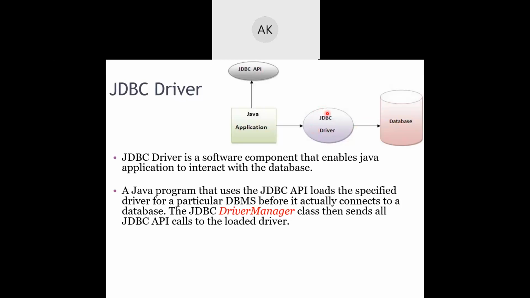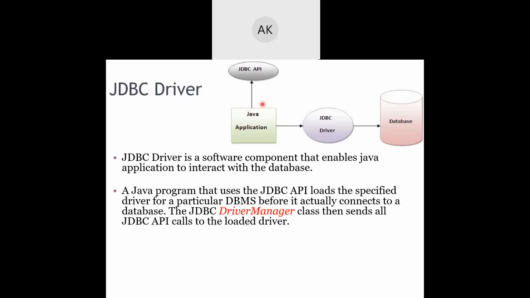So this JDBC driver is the main file which acts like a translator between our Java application and the corresponding database. A Java program that uses the JDBC API loads the specified driver for a particular database before it actually connects to the database.